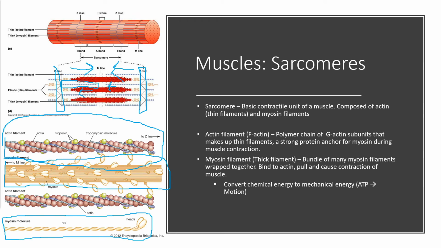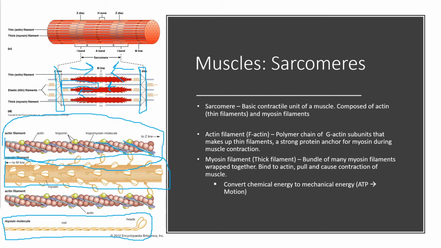Another protein complex shown is the troponin-tropomyosin complex. So this complex provides regulation to muscle contraction by either covering or revealing the binding sites for the myosin heads on the actin filament. And you can see those protein complexes here running on the outside of the thin actin filament.